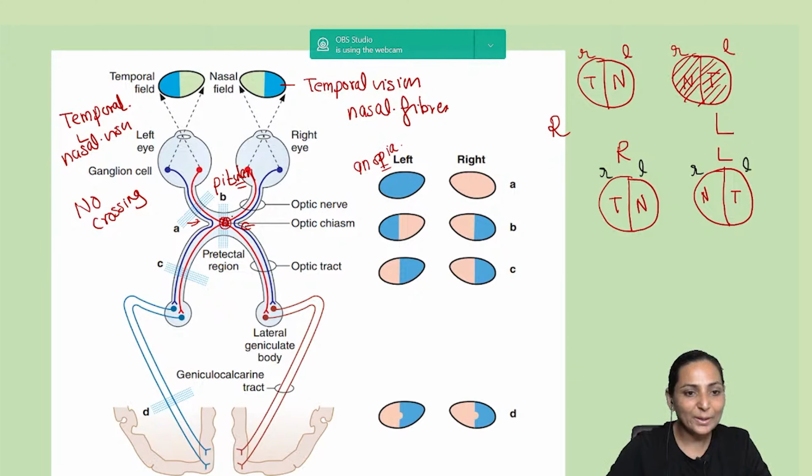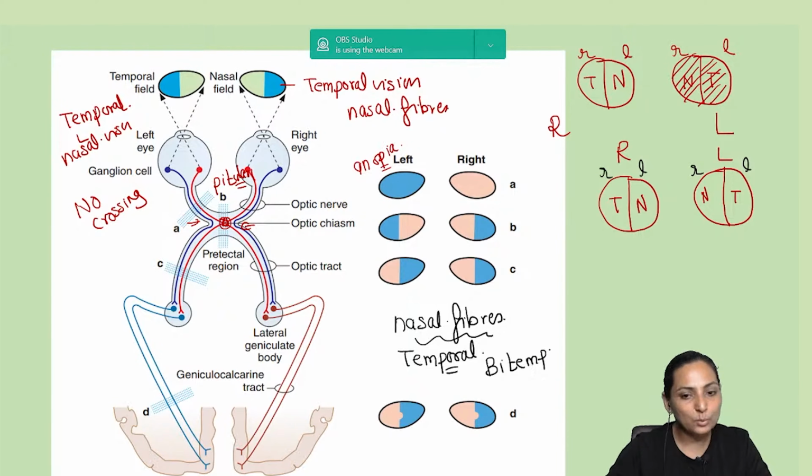Now when the nasal fibers are being affected, what field of vision will be lost? It will be temporal. That means on either side there is going to be a bitemporal hemianopia.